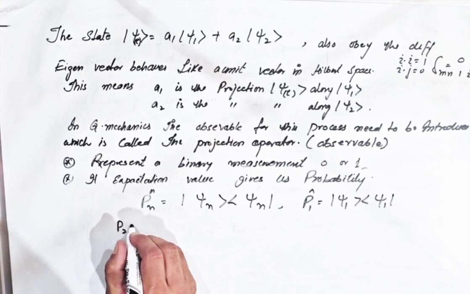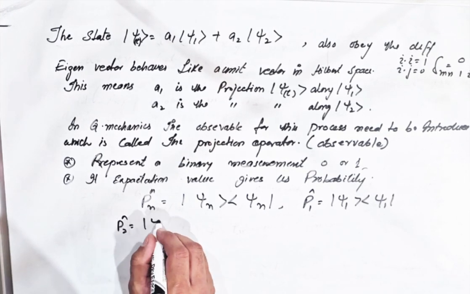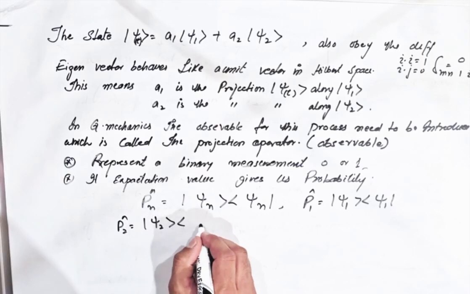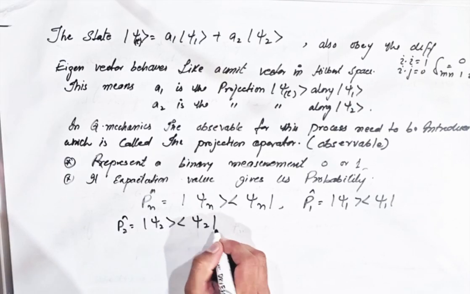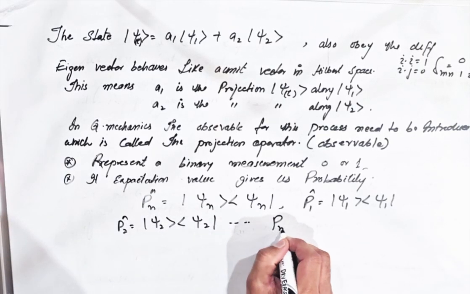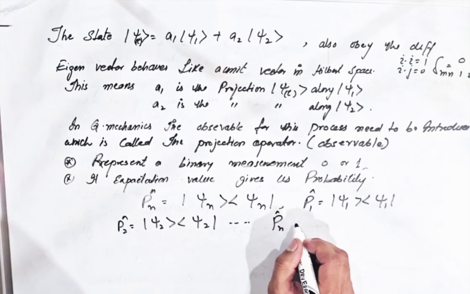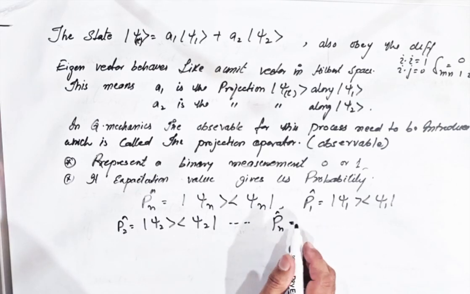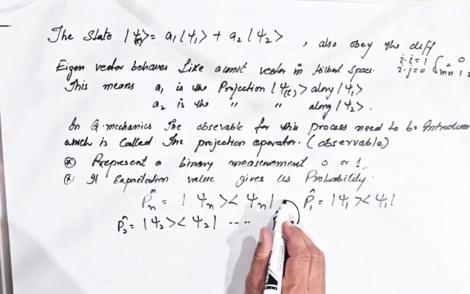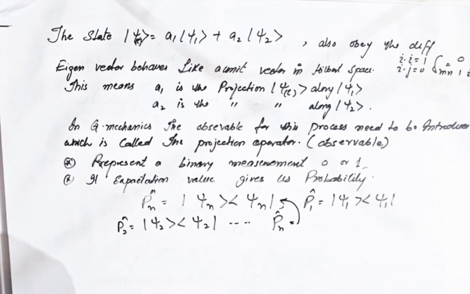Two projection operator is psi 2 bra psi 2, and Pn projection operator is as defined by these terms.